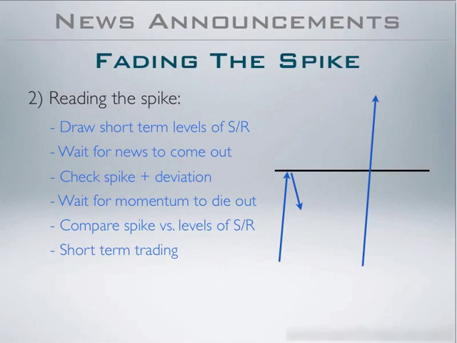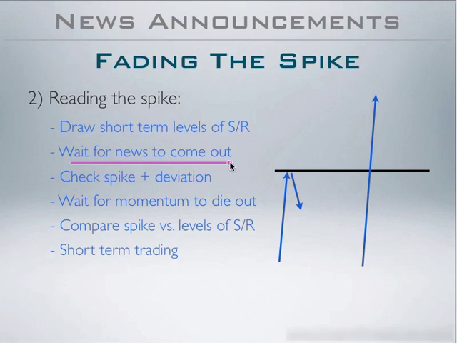First of all, let me recap real quickly on what we saw on the previous video as far as reading the spike. Like I said, fading the spike is based on the same principles, but just adding an extra touch of risk. Reading the spike was all about drawing short-term levels of support and resistance, intra-week support and resistance as per the last 2 or 3 trading days.